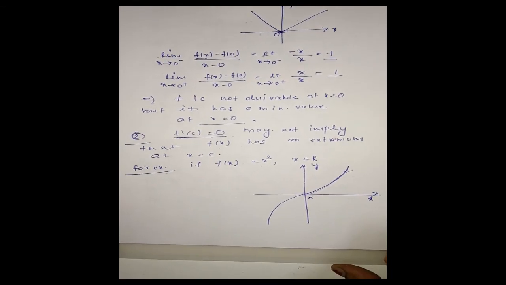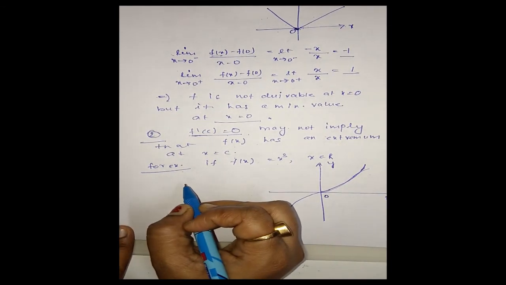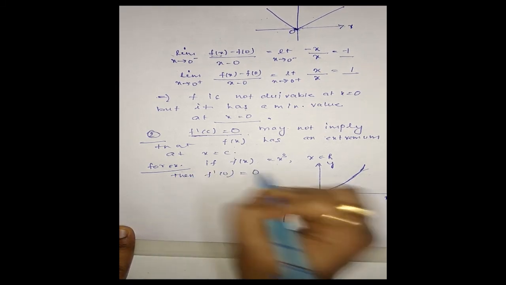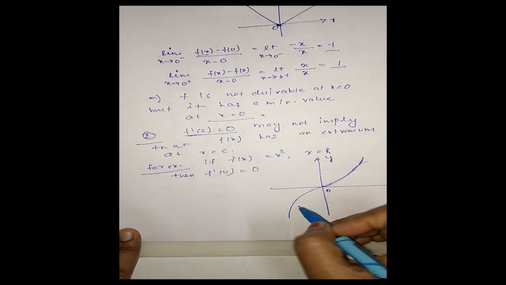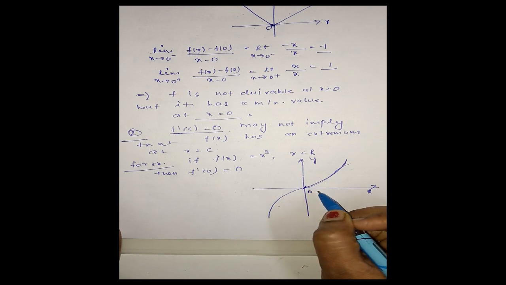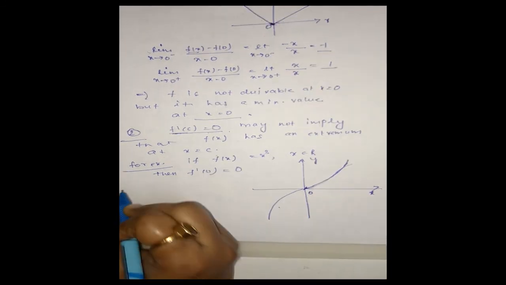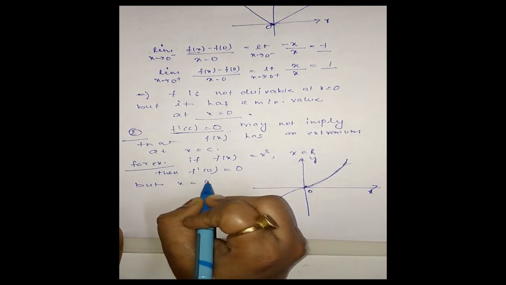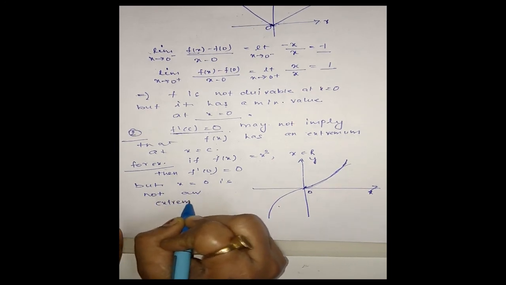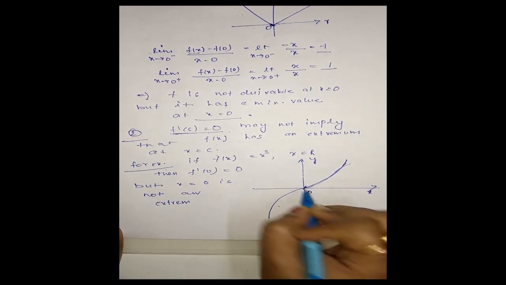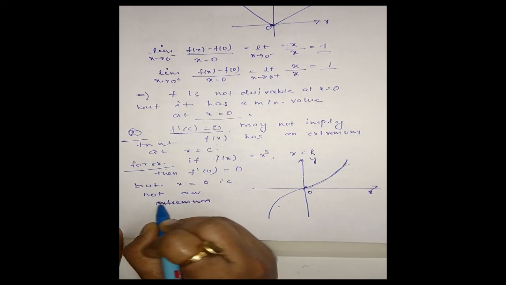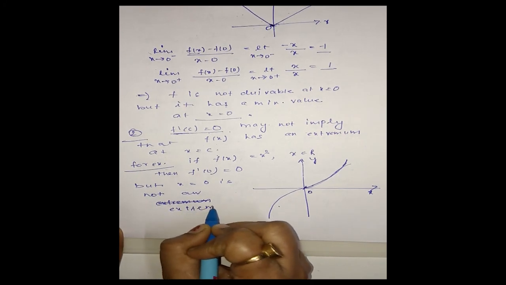Now clearly we have f'(0) is equal to 0, but the graph lies in first and third quadrant, and it is clear from the graph that x is equal to 0 is not a minimum value. x is equal to 0 is not an extremum point. Not at this point do we have a maximum value nor a minimum value. That means it is not an extreme point. Okay, clear?